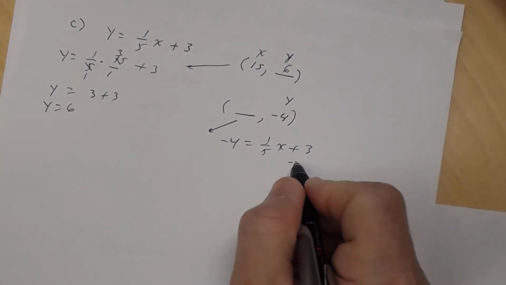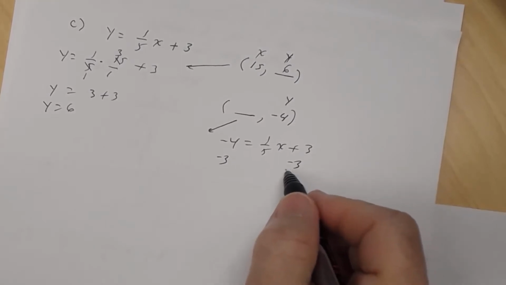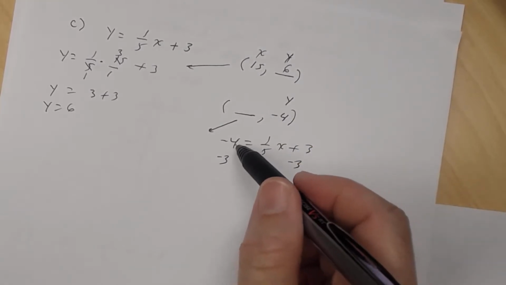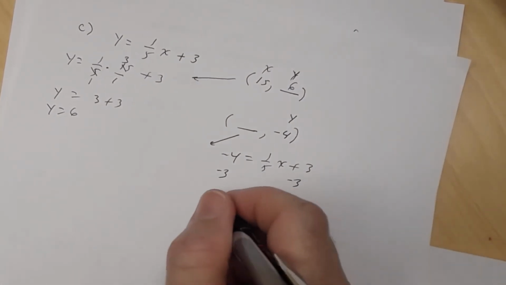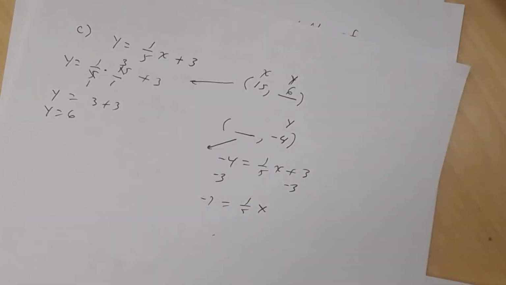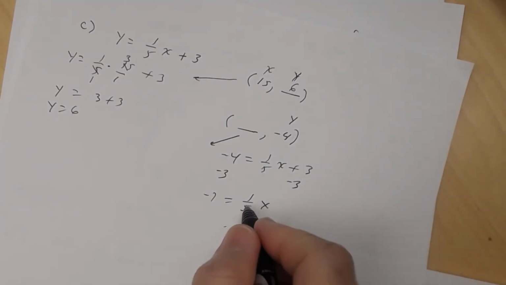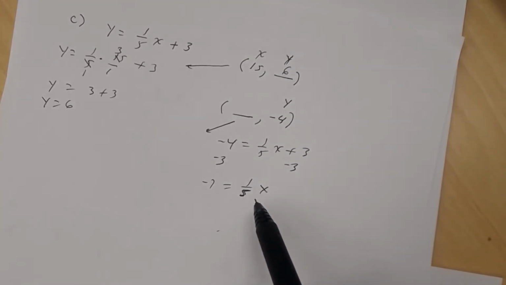I'm going to subtract 3 from both sides, because right now I'm adding 3. The opposite of adding 3 is to subtract 3. Then I can combine like terms. Negative 4 and a negative 3 is a negative 7, and that's equal to 1/5 x. Now remember in a previous lesson how to solve this linear equation that has a fractional coefficient.